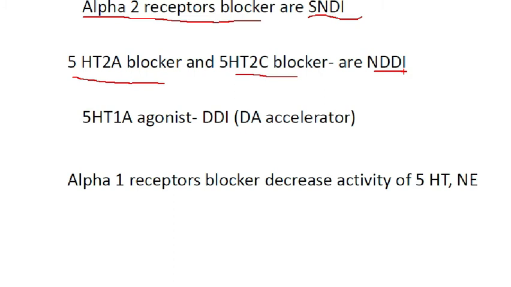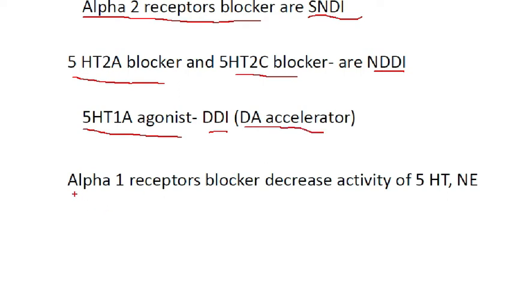So blockage of the alpha 2 receptors will increase the level of serotonin and norepinephrine, and blockage of the 5-HT2A and 5-HT2C, especially the 5-HT2C receptors, causes the NDDI effect, that is norepinephrine and dopamine levels increase. A 5-HT1A agonist is also a DDI, that is a dopamine disinhibitor, so it will increase the level of dopamine.